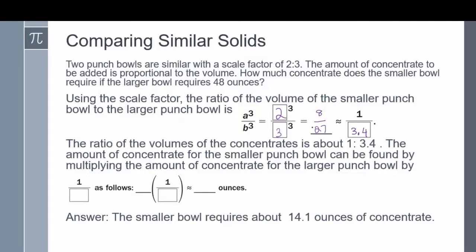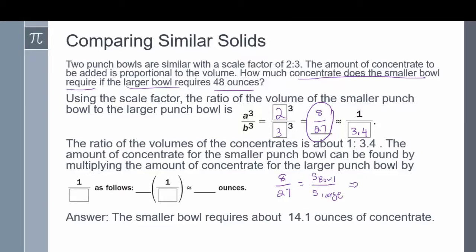If you take 27 and divide it by 8, you get that the ratio is approximately 1 over 3.4. I'm not a fan of this 1 over 3.4, so I'm just going to use 8 over 27 as my scale factor ratio. In order to find how much concentrate the smaller bowl will require, knowing that the larger bowl has 48 ounces, I'm going to set up a proportion of 8 over 27 is equal to the concentrate for the small bowl over the concentrate for the large bowl.